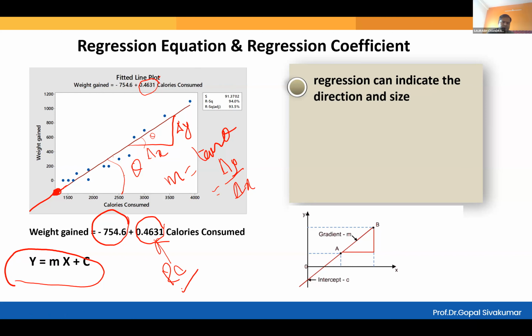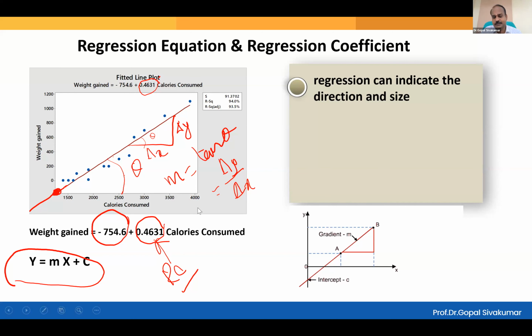R value also helped you. Now what is this helping you? Regression coefficient. The regression coefficient is telling me that this particular factor, calorie consumption, is positively related. So the direction of the relationship is understood. That is why I have written here: regression can indicate the direction, and can also indicate the size of the relationship.